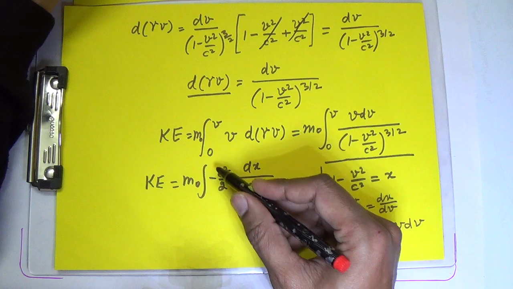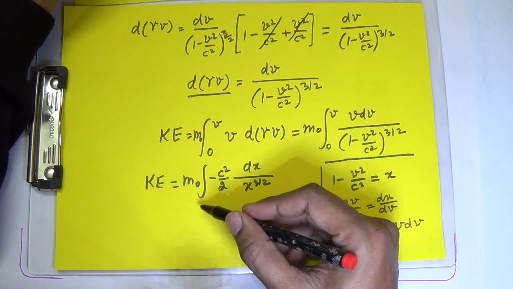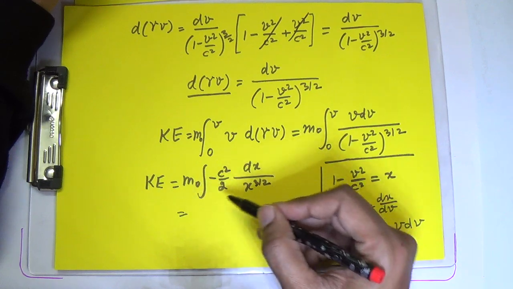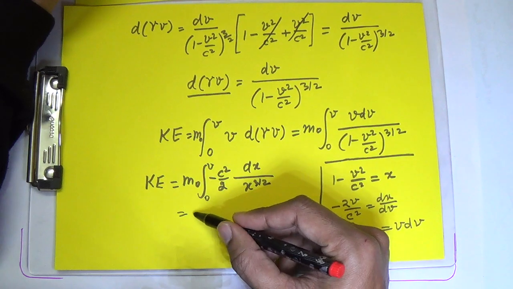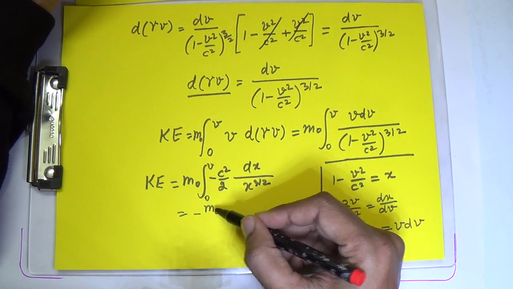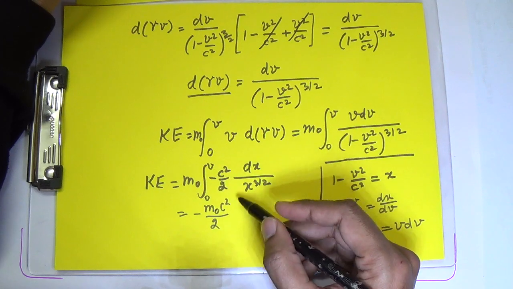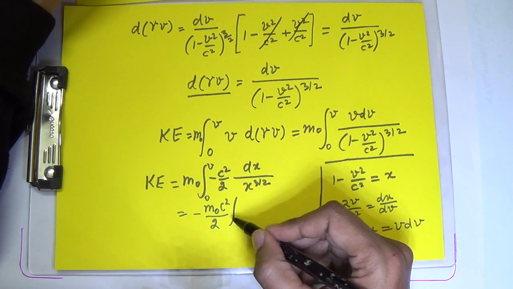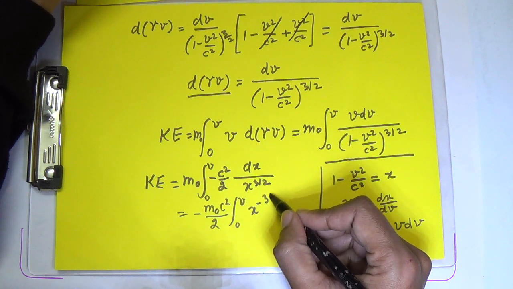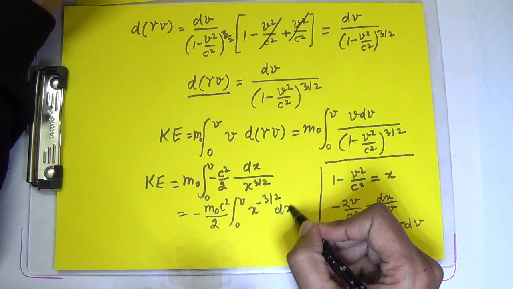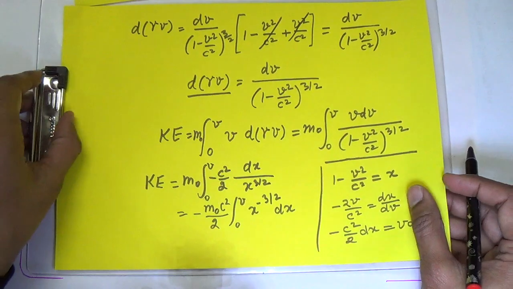But for the purpose of this solution, first I am solving this integration, and the limit I will take 0 to v as usual. So this is minus m naught c square upon 2, and the integration from 0 to v of x to the power minus 3 by 2 dx.